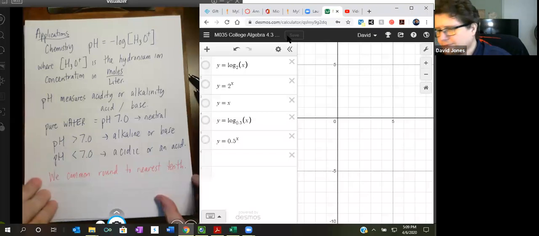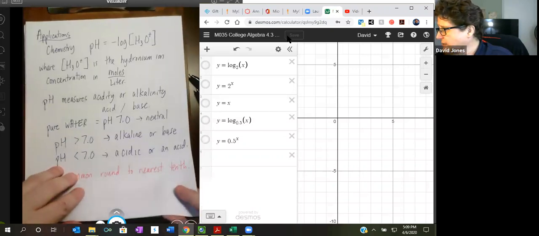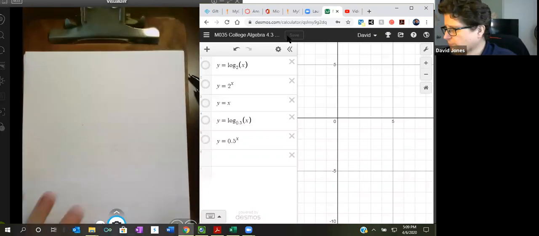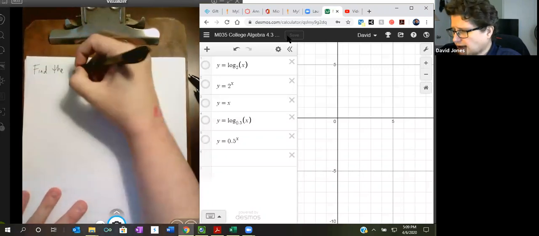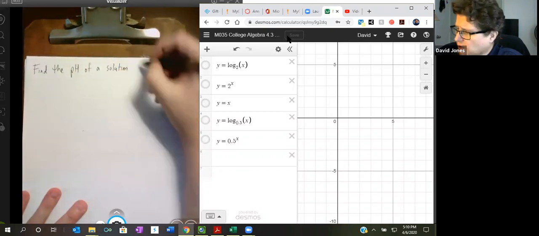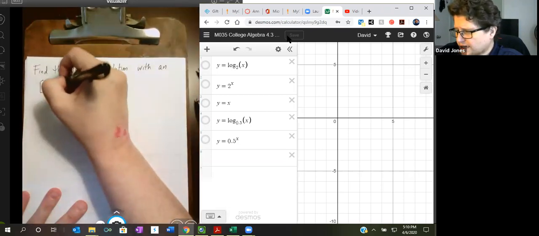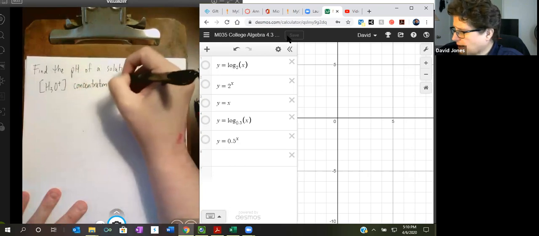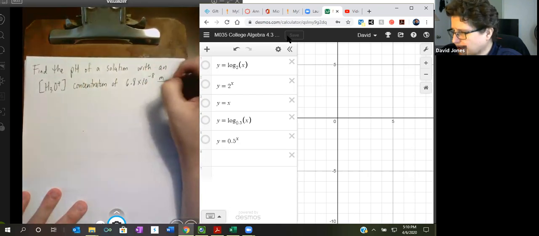So a couple examples of using this. Find the pH of a solution with an H3O concentration of 6.8 times 10 to the negative 8 moles per liter.